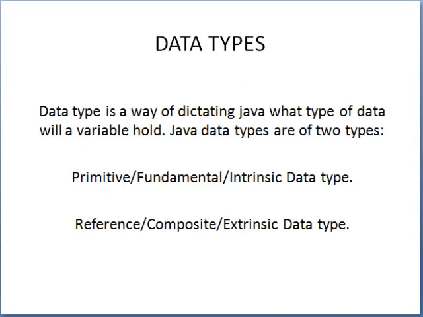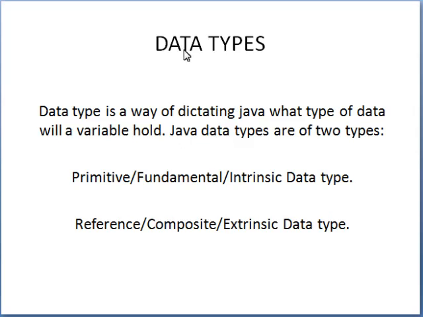Next topic is data types. A data type is a way of dictating to Java what type of data a variable will hold. If it is an integer variable, we have to declare the data type as integer. If it is a floating variable, we have to declare it as float.